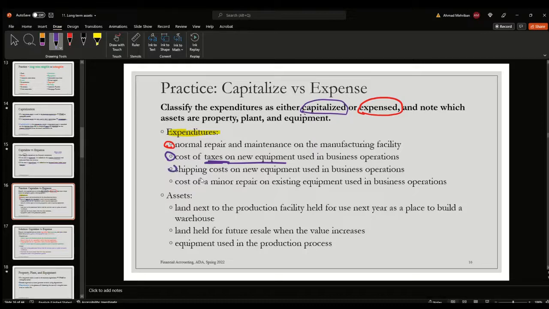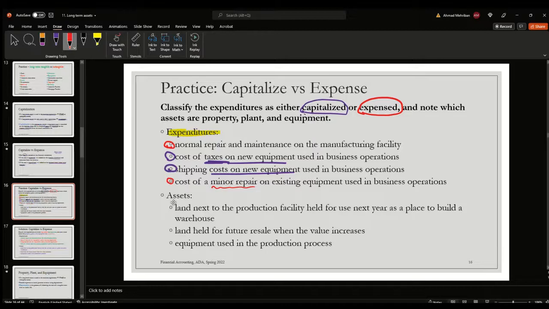The shipping cost on the new equipment is going to be added to the balance sheet. It's going to be capitalized. Next, cost of minor repairs on existing equipment used in business. Minor repair is quite a key word here. It's a minor repair, so this is usually expensed and deducted from the revenue as we go.